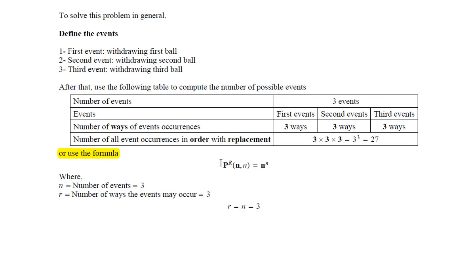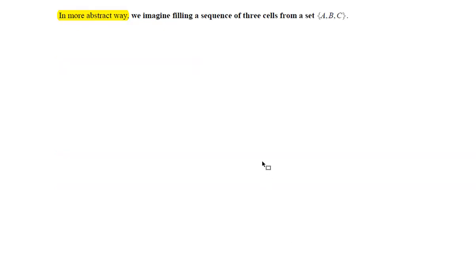Now we can use this formula by substituting N equal to 3, and we're getting 27. Now we can do it in a more abstract way.